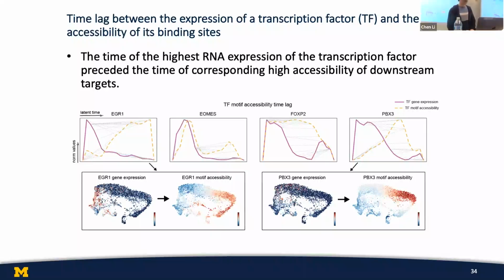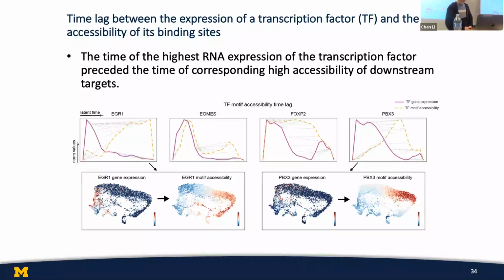We would expect that the expression of the transcription factor would first increase, then the accessibility of its downstream binding site increases. And this is confirmed in the 4 genes that we show here.